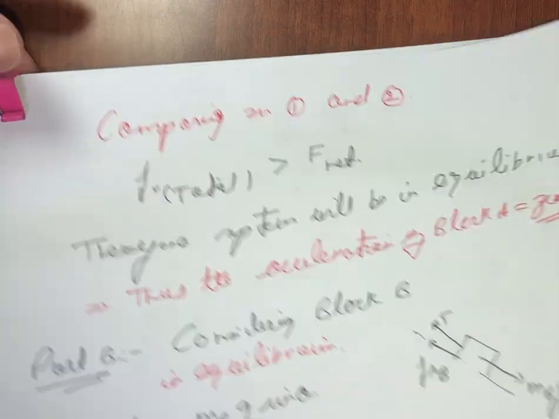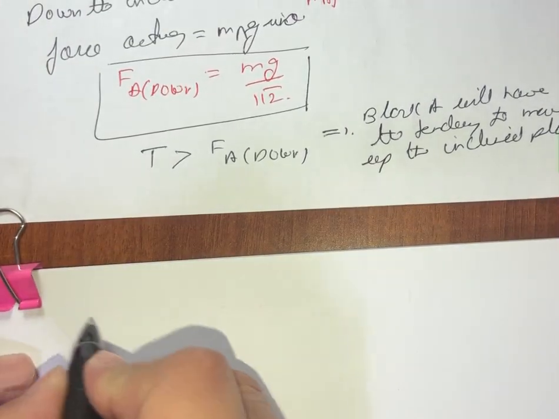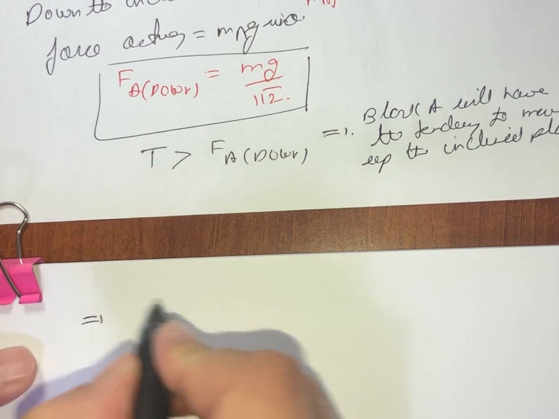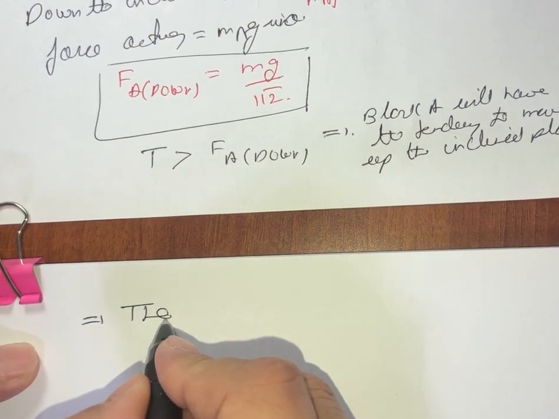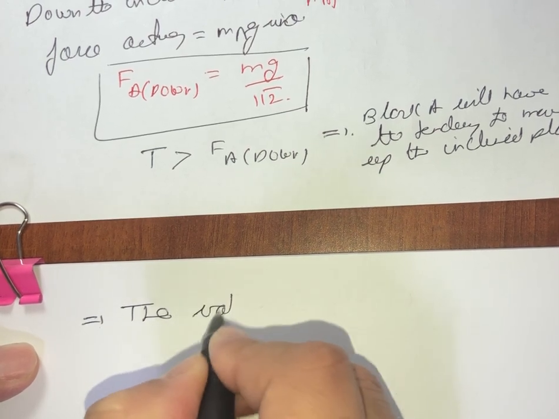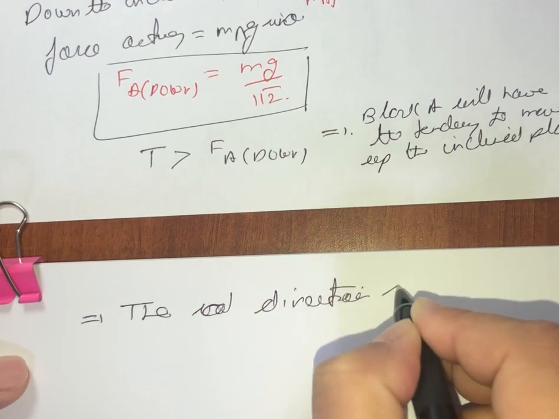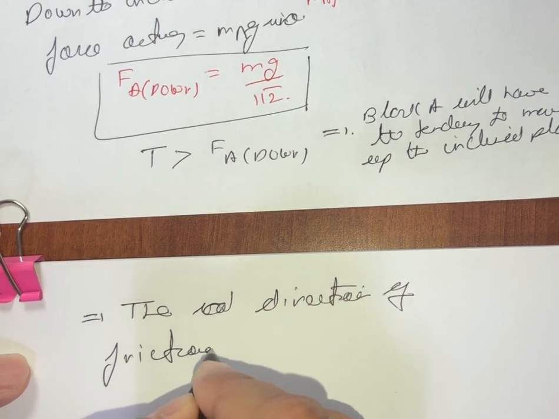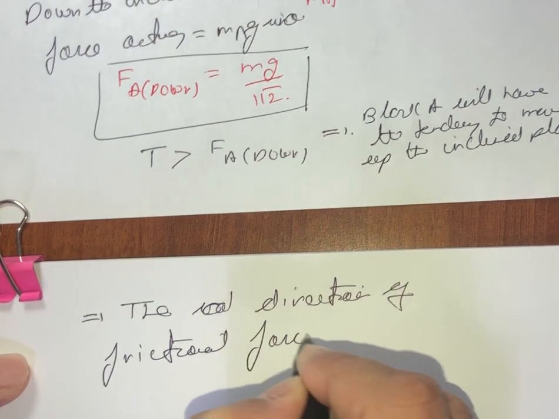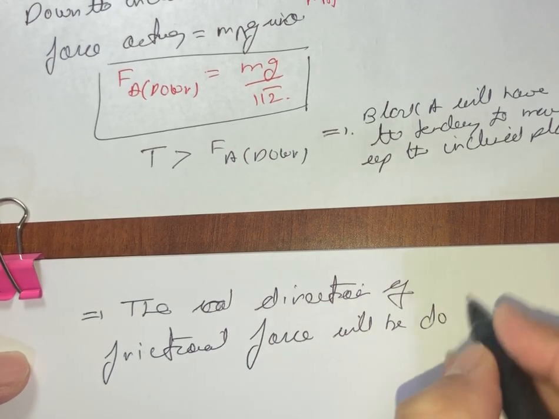As it has a tendency to move up the inclined plane, therefore the direction of frictional force will be down the inclined plane.